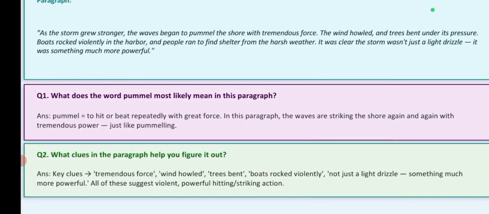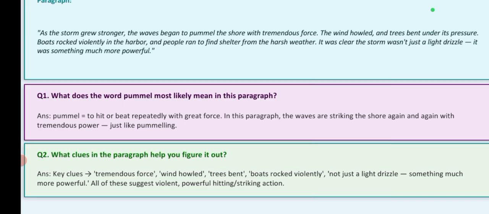What clues in the paragraph help you find it? Definitely the key clues are tremendous force, wind howl. This is just an example of how you can derive the meaning of a word. It will also help you in translating the passage. You have translation passages, 40 passages, Urdu passages in your syllabus as well.